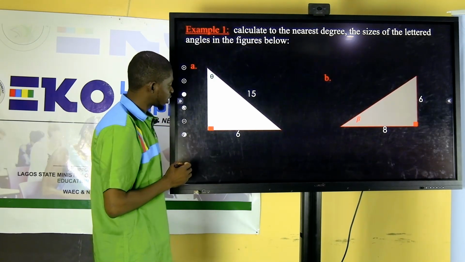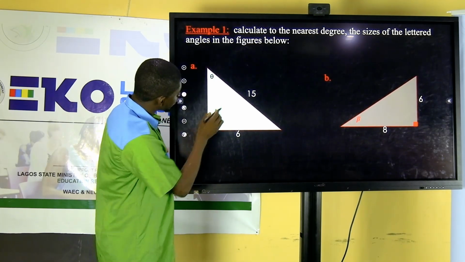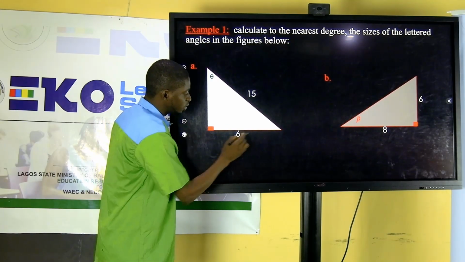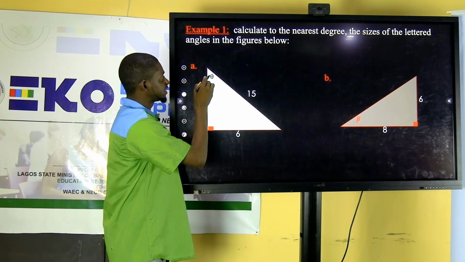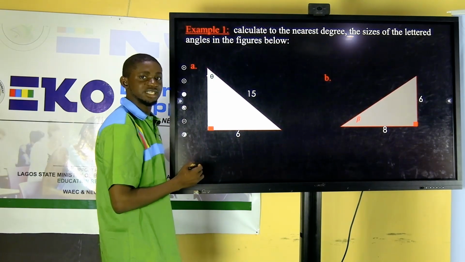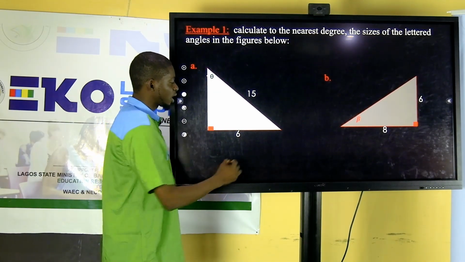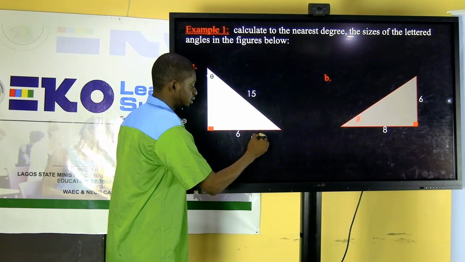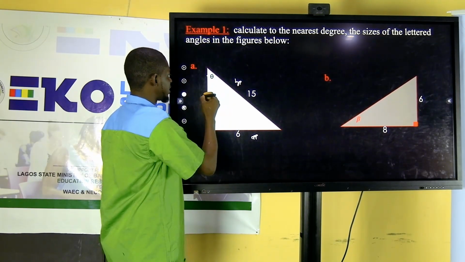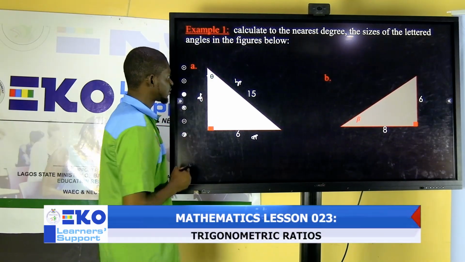This is a right angle triangle. We have the hypotenuse given to us. Then how can we name this side? Remember, this is the angle of consideration. The side that faces the angle of consideration becomes our opposite. So this is our opposite, this is our hypotenuse, and this is our adjacent.